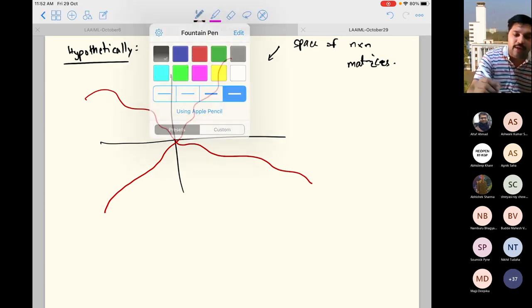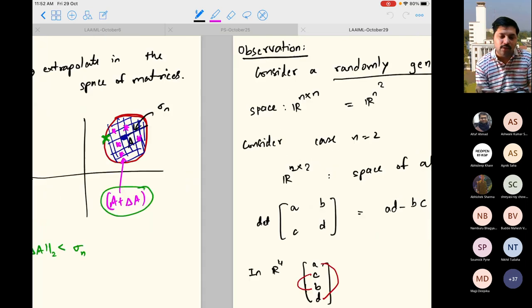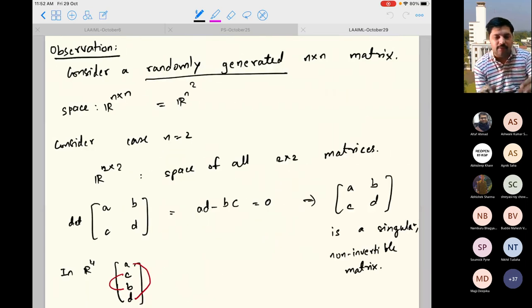So what I am really trying to say is that a matrix that you choose randomly, arbitrarily, will almost always be an invertible matrix. And the same logic you can extend to the linearly independent columns case when you have a matrix in R^(n by m).